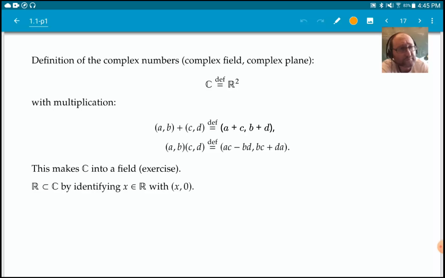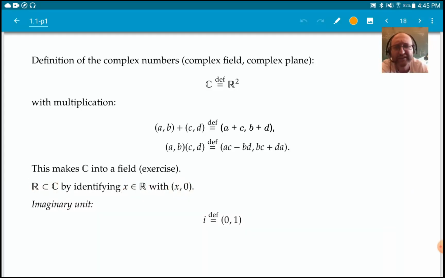Now, we can think of R as a subset of C if we identify any real number with the horizontal axis. That's x0, right? So when the y coordinate is 0, that's what we're going to call a real number. Sometimes called the real axis, right?